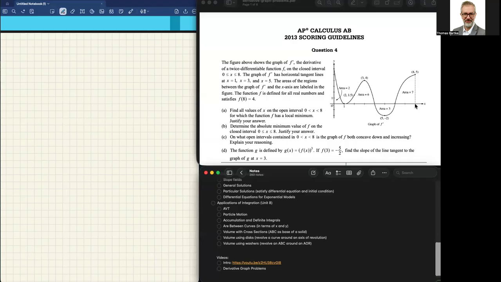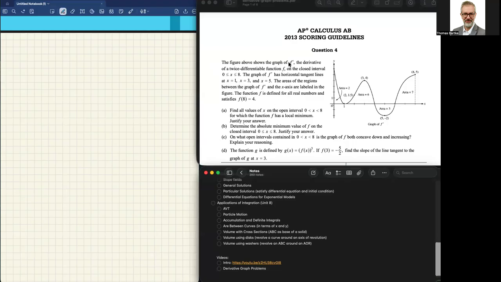So from this point that is given and the areas being given, I can find my way to any value of f of x on the specific graph. So always look for that specific anchor point that is given, and don't overlook that in the information of the problem itself.